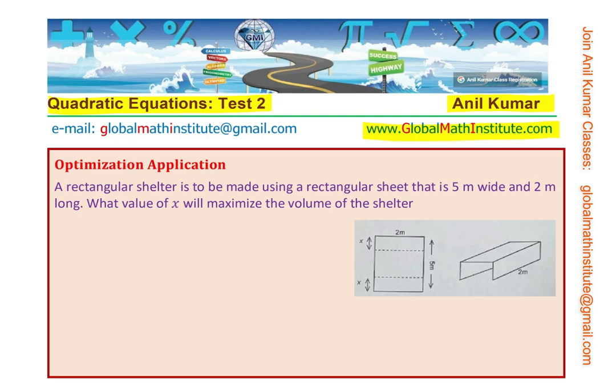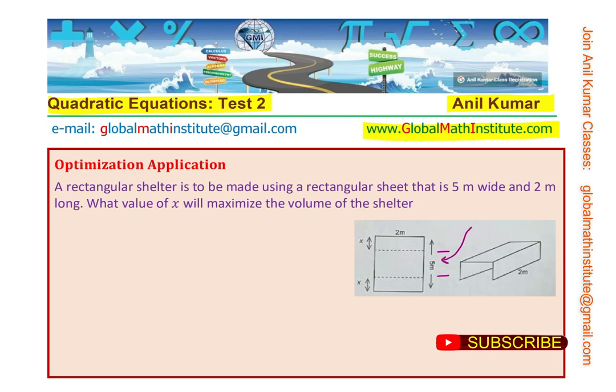So let's try to see the volume which we obtain after folding and making the shelter. From the diagram, it's very clear that if I remove x and x from the ends, the dimension remaining will be how much? Well, we have reduced 2x, right?